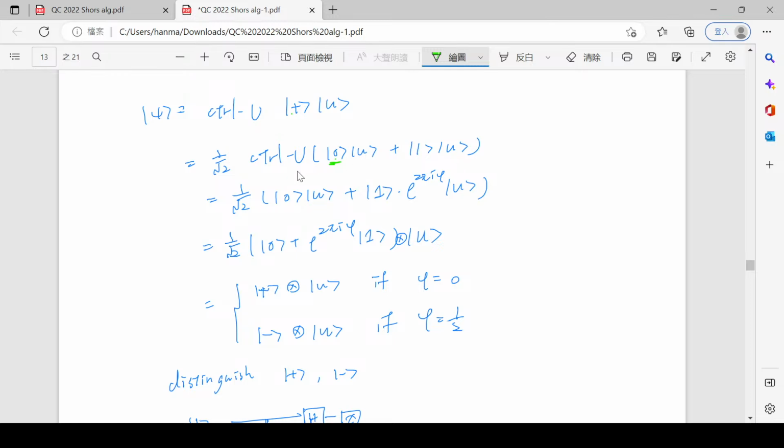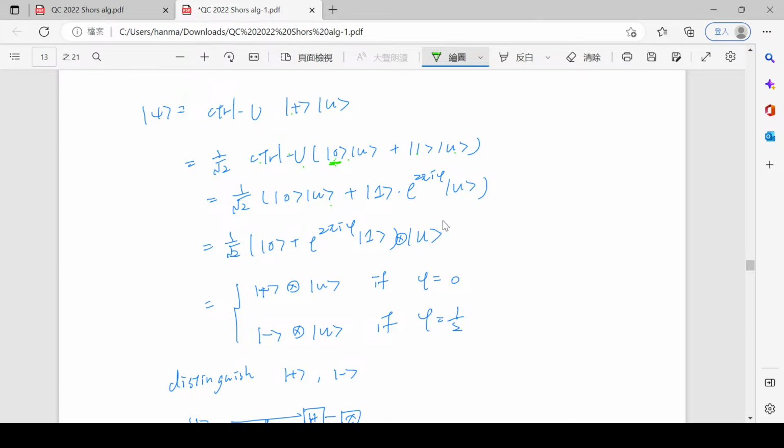And then you do control U. Control U is linear, right? So you apply it on those two separately. On the 0 u part, the control bit is 0, so nothing happens. It's still 0 u. And when the control bit is 1, then you apply U on u.